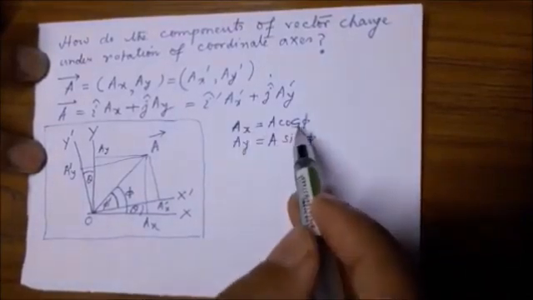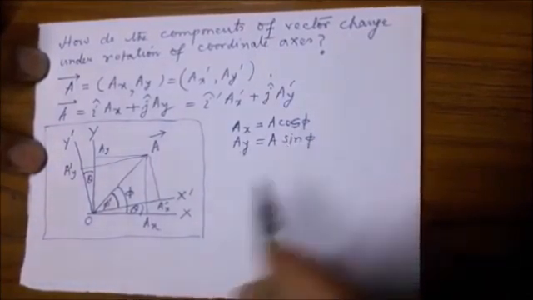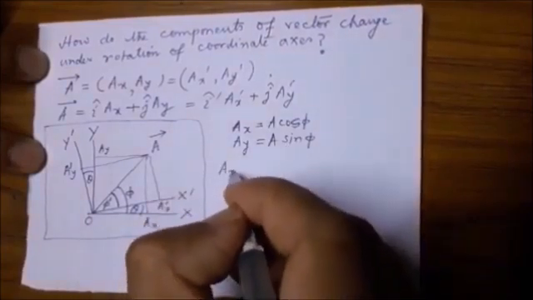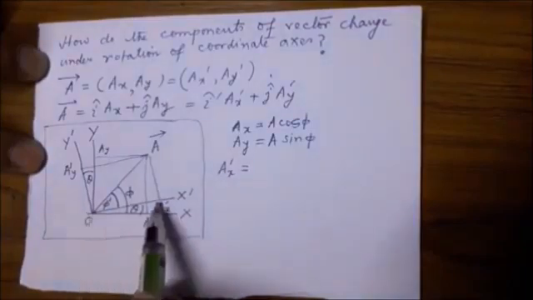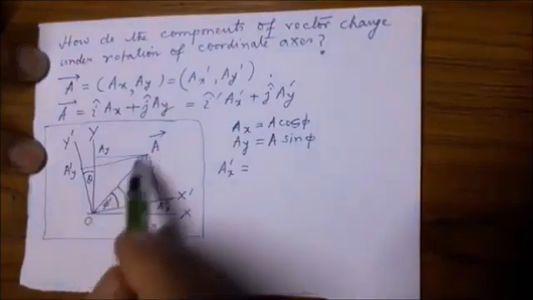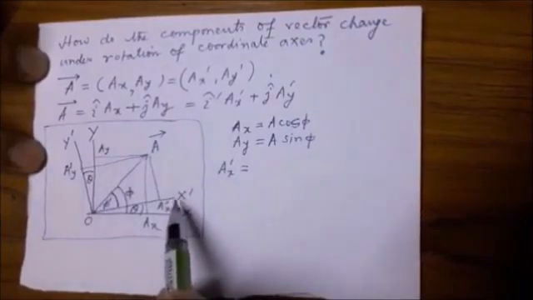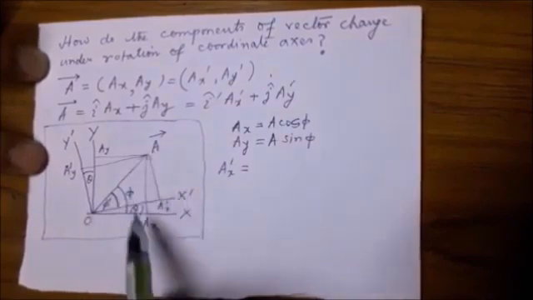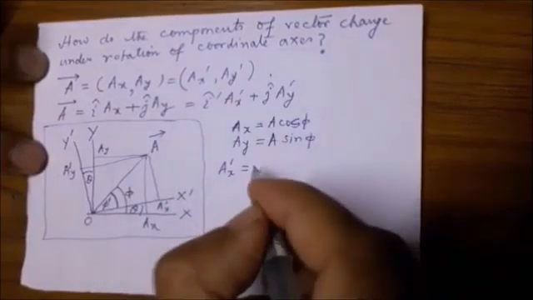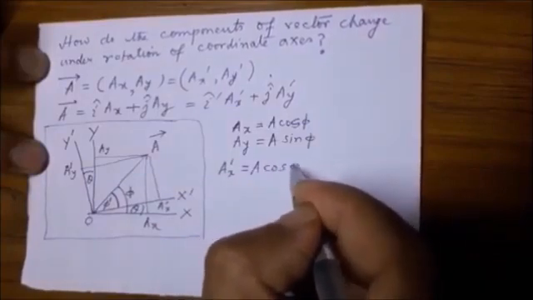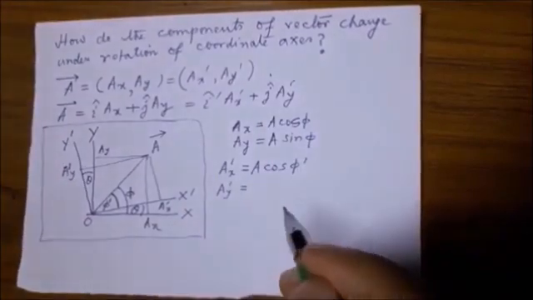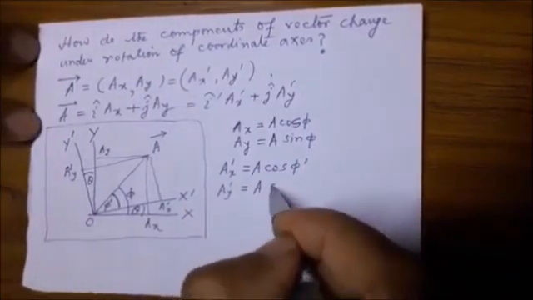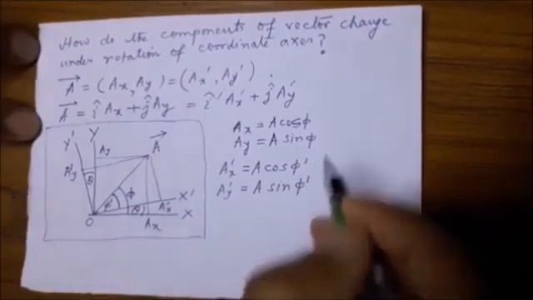Along x it is cos, along y it is sin. Now, what is AX prime? AX prime is this distance, which is the projection of A but now along x prime. So AX prime will be A cos of this angle, which is phi prime. So it is A cos phi prime, and similarly AY prime will be A sin phi prime.